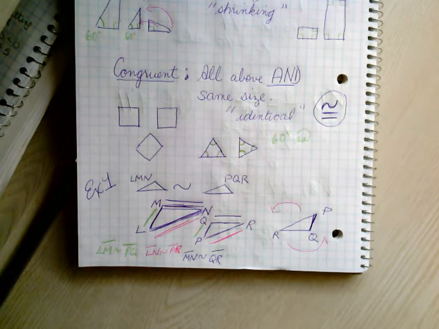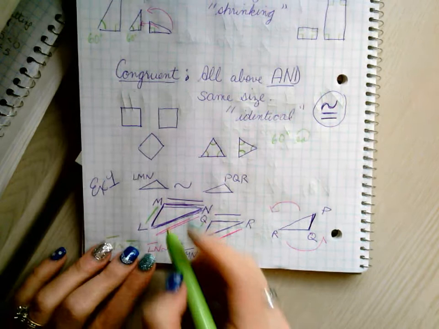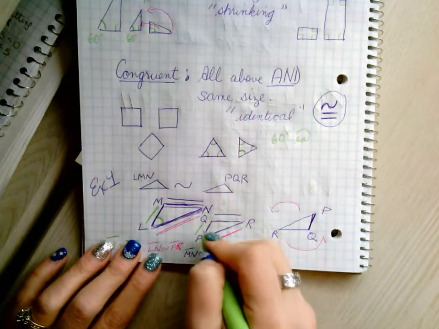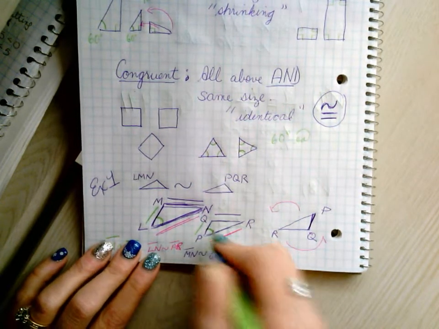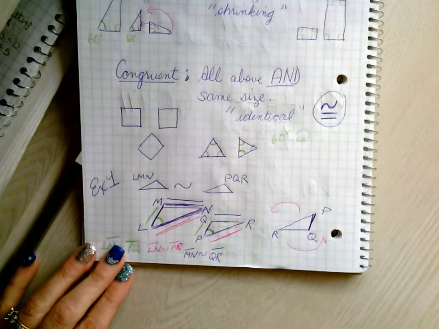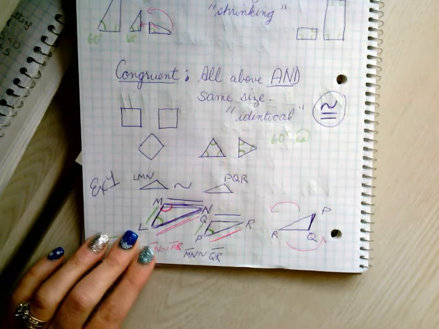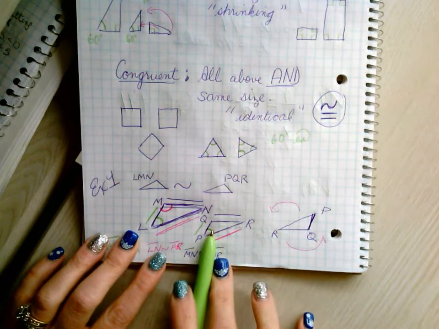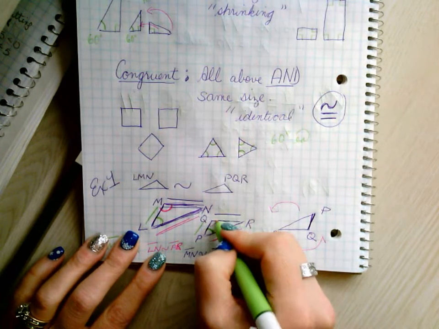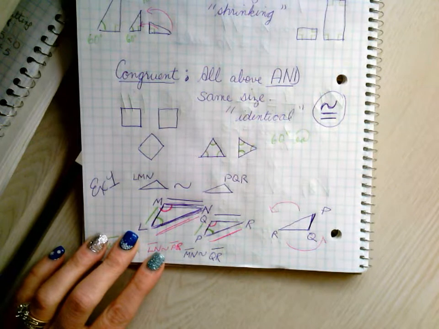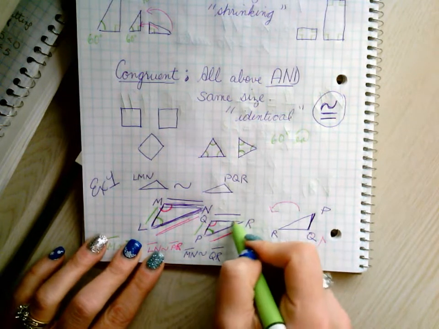Okay? Angles. Angle L appears to correspond to angle P. Would you agree? How about angle M? What corresponds with M, class, on the other triangle? Q is right. Bravo. Last one. How about if I asked you what corresponds to R?